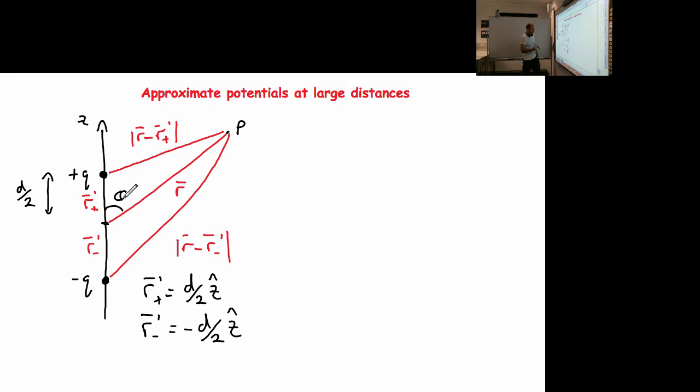What I want to do here is write down what the potential of this configuration, the potential of a dipole, is going to be. So what we have here is just the summation of the potential due to both charges.